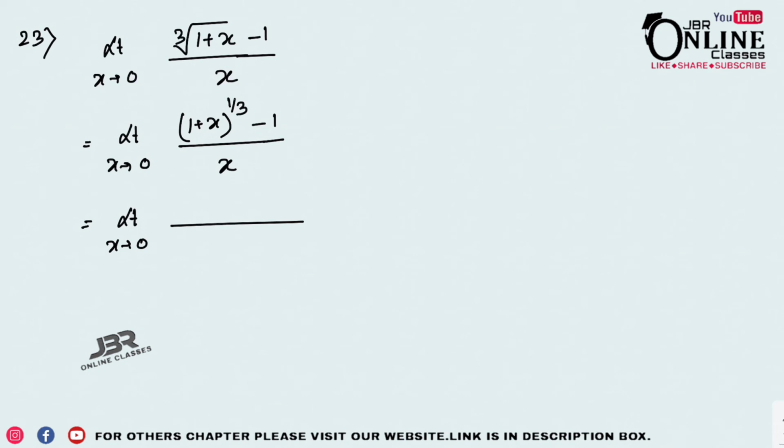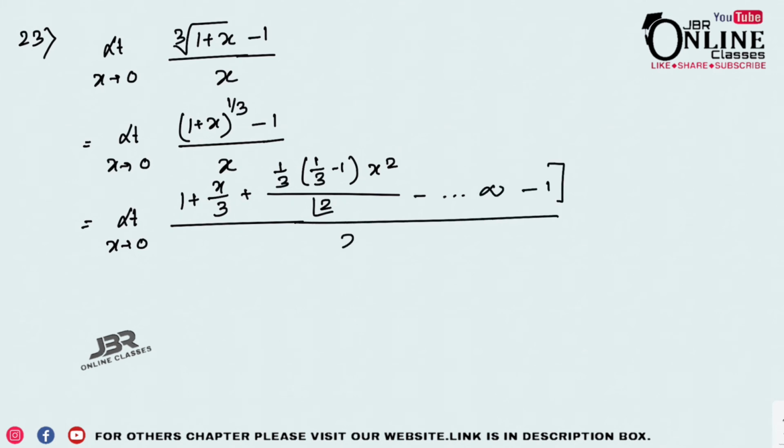So we can write this as 1 plus x by 3, then (1 by 3)(1 by 3 minus 1) x square by 2 factorial, and so on up to infinity, after that minus 1, and then divided by x. So limit x tends to 0, x common.